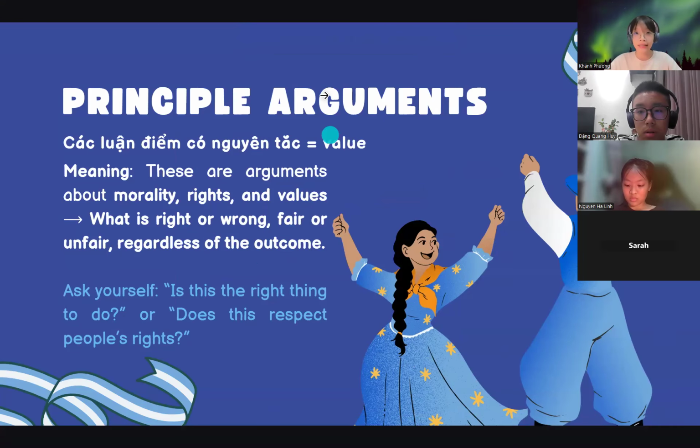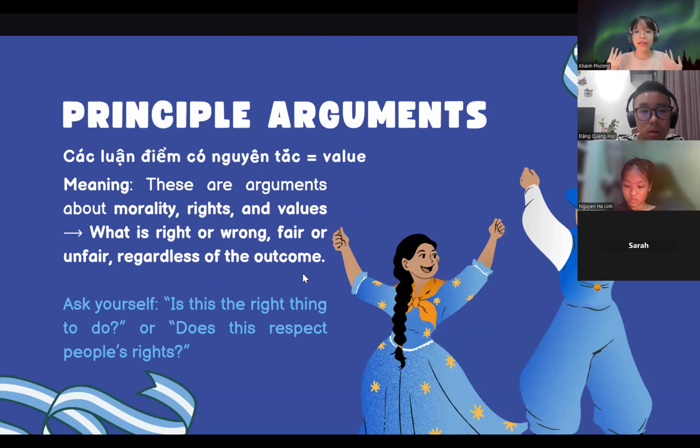So he said that, okay, we don't care if children may be stressed, but children have the right to choose what they want to do, regardless of the outcome. If they want to do it, they can do it. If they don't want to, then they will not do it. So yeah, what is right and what is wrong?